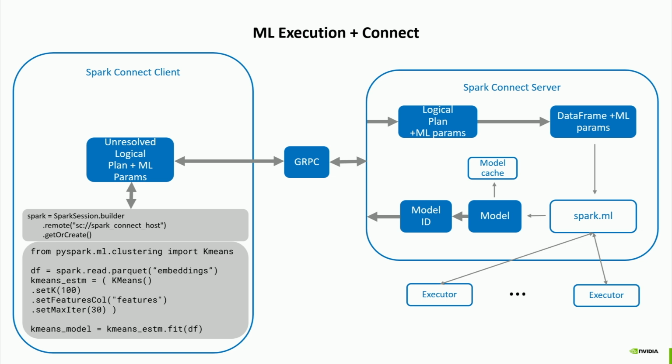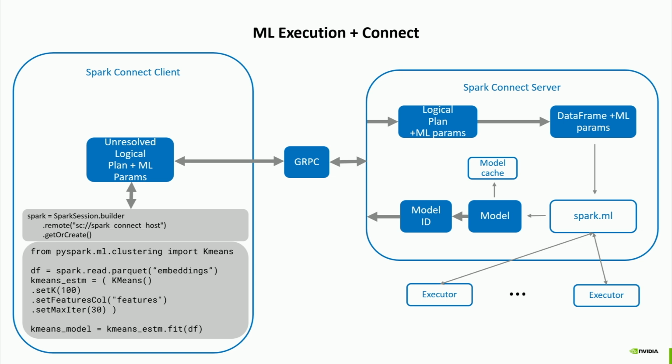The server side then deserializes the client's messages and resolves the logical plan into a data frame, along with the Spark MLlib classes, methods, and parameters that were specified in the messages. In this example, the fit method is invoked on the k-means estimator class on the resolved data frame, and its execution is carried out by the baseline classical Spark MLlib implementation.